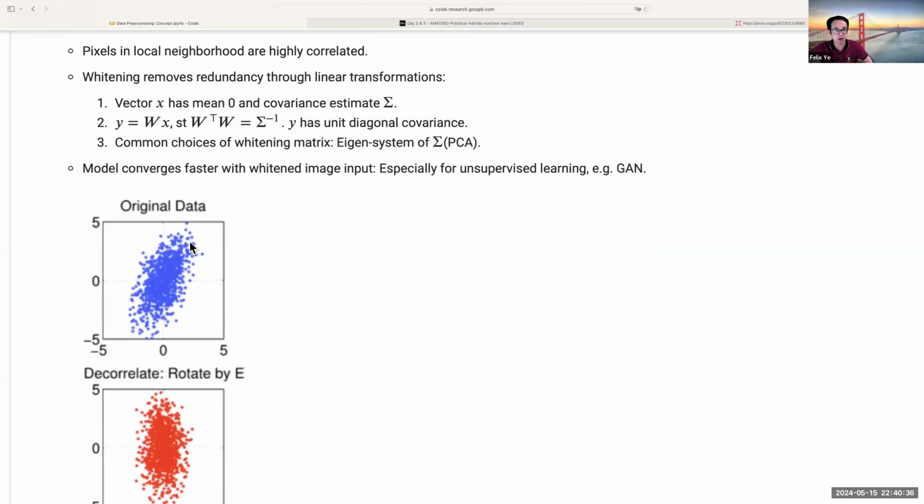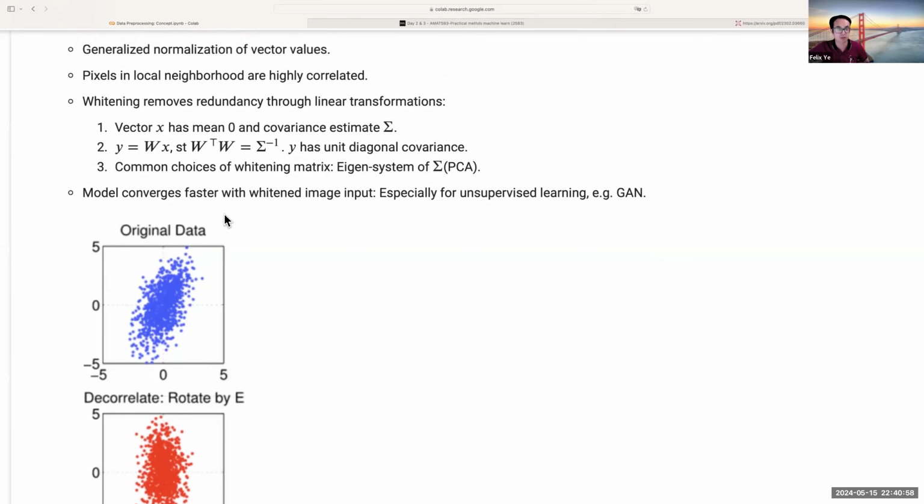You can see that in this direction the variance is larger, and in the other direction the variance is shorter. This is information we can take advantage of.